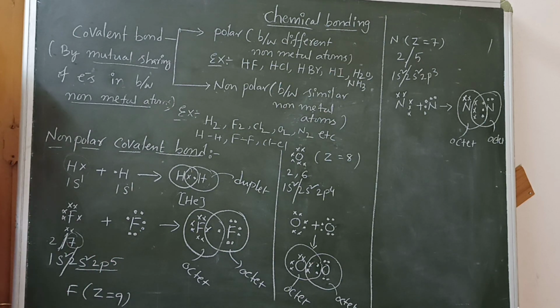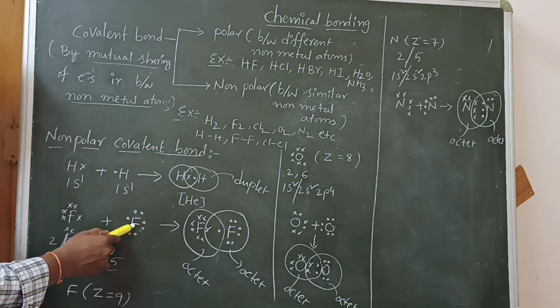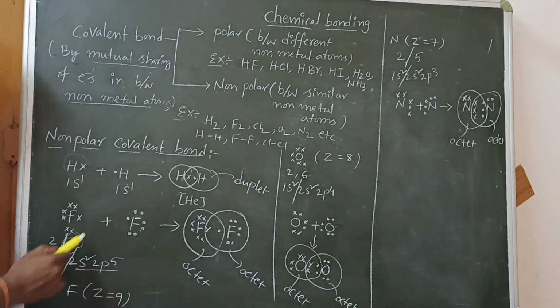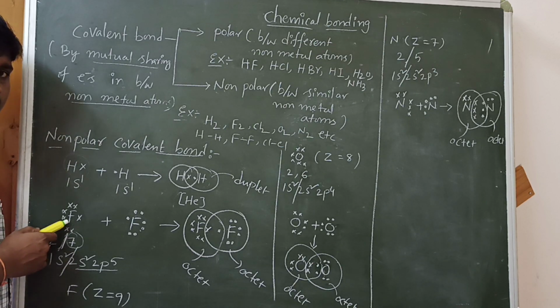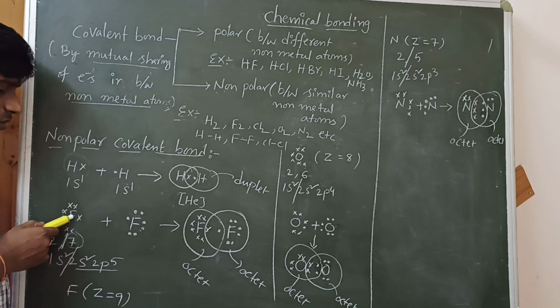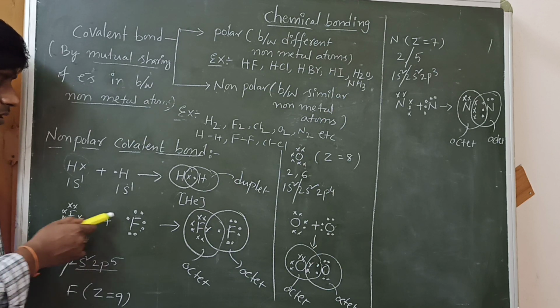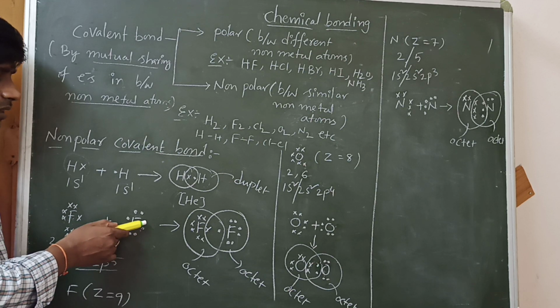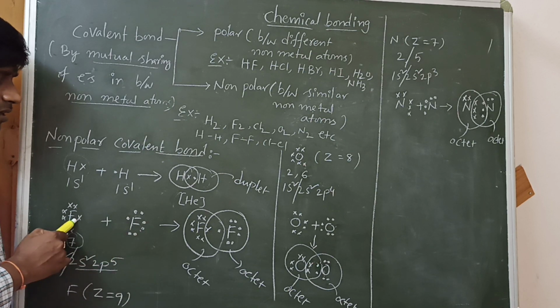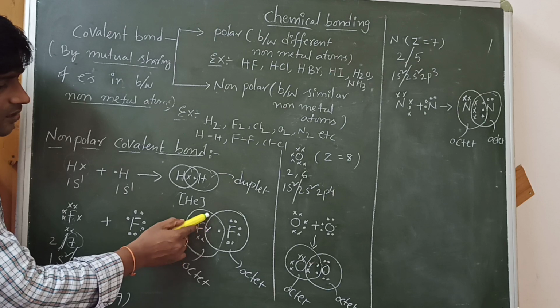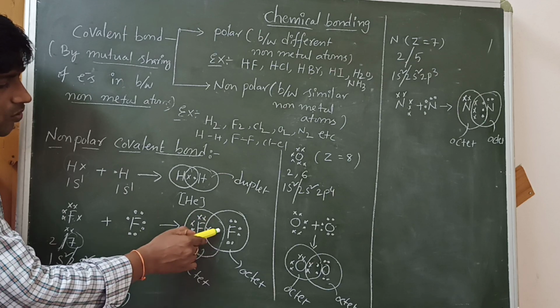One more electron is needed. This fluorine atom is a non-metal, so by mutual sharing of electrons, it will form a covalent bond. Each fluorine atom needs one more electron for getting octet configuration. So this fluorine atom shares one electron with this fluorine atom, and this fluorine atom shares one electron with this atom, so that these fluorine atoms get octet configuration.